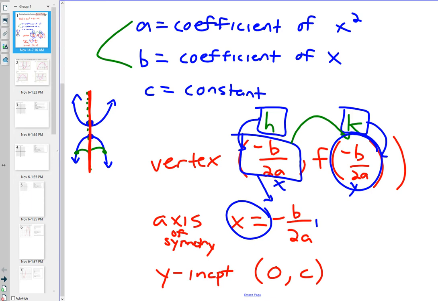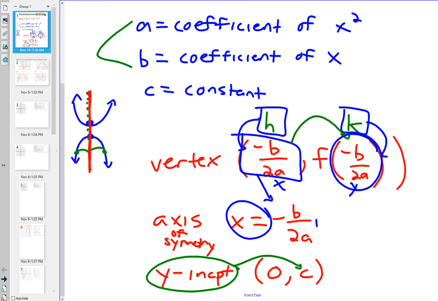Why did we like graphing out of slope-intercept form? Because they gave us the slope and they gave us the y-intercept. Whereas here you have to find it. But even though in standard form you're not getting the vertex, they are going to give you another point for free. And that point is going to be the y-intercept. Where is the y-intercept always located?